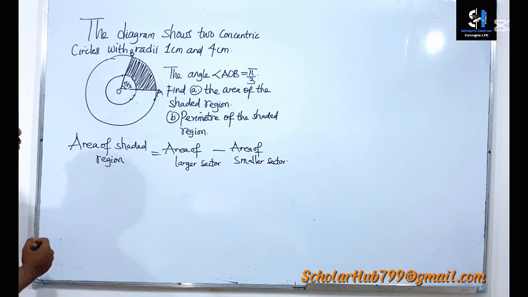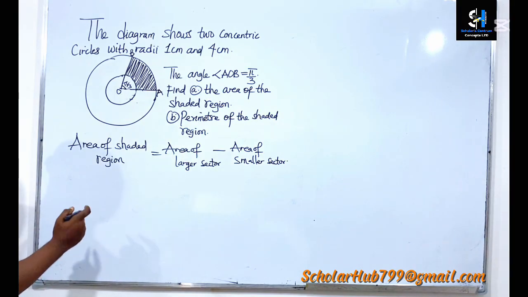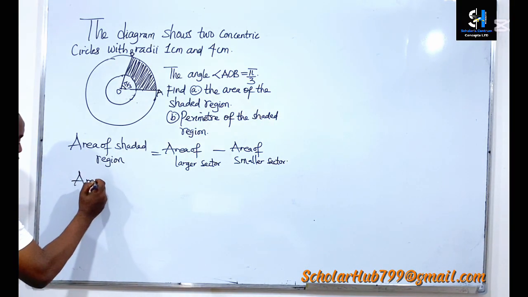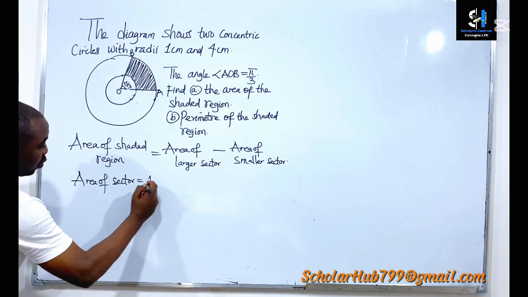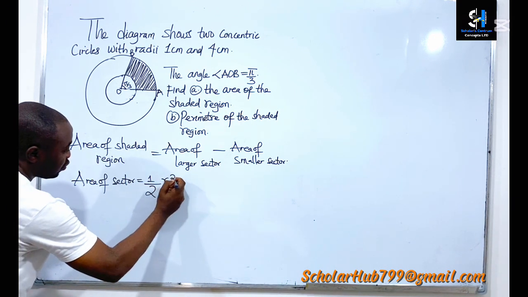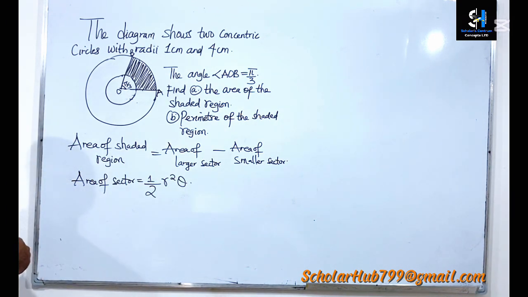Now, which sector formula are we using in this case? We'll be using the area formula for a sector, which is 1/2 of r squared times the central angle.